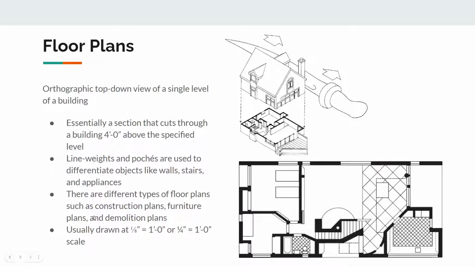Also, I don't have it listed here, but another important thing that you'll be creating is finish plans. Finish plans are basically just telling the contractor what finishes need to go in each space.